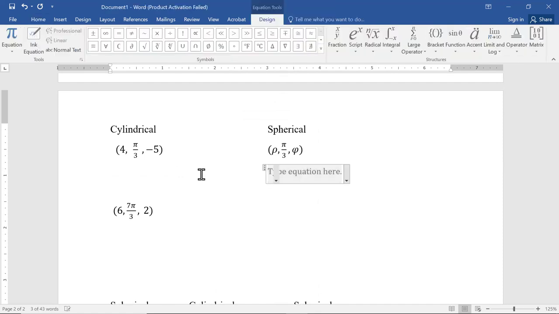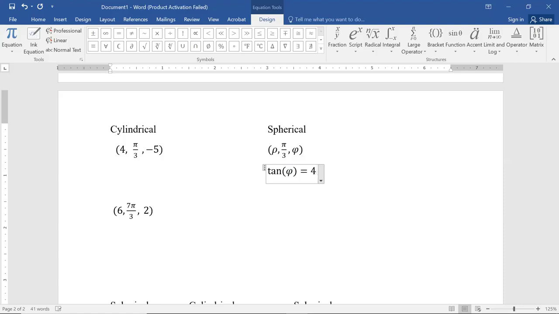So let's start with this one. Tangent of phi. There's more than one way to write phi. Tangent of phi is going to be r over z.